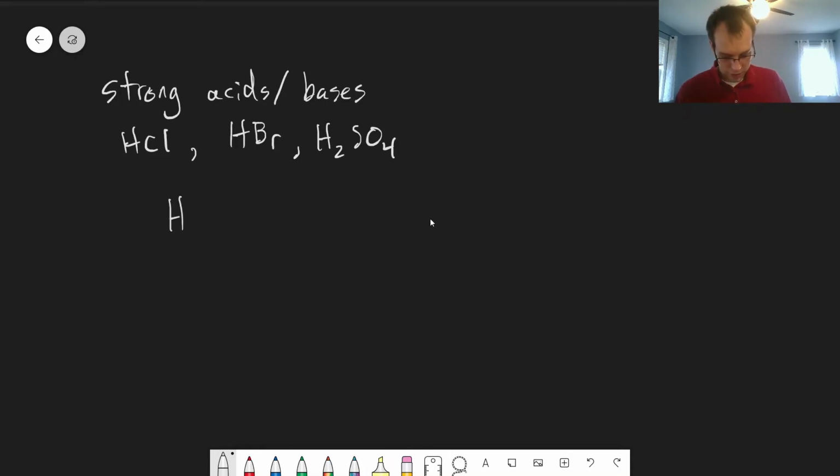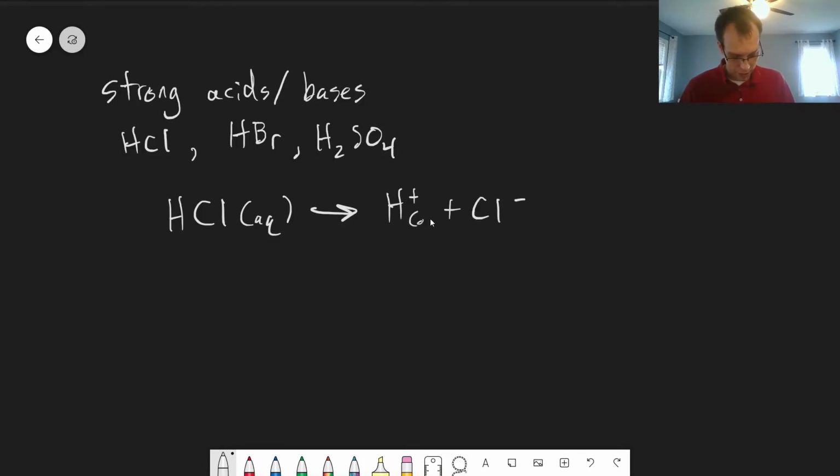So if we look at HCl as an example, we can write the equilibrium of HCl in water. I'm not even going to write this as an equilibrium because it completely dissociates into protons and chloride ions. So whatever concentration of HCl we have, that is the concentration of hydrogen ions we'll have in solution.